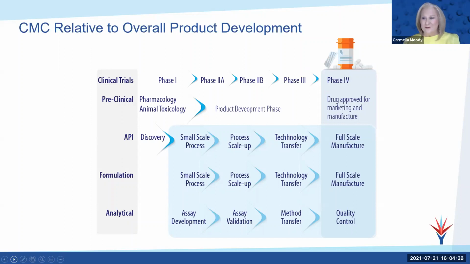There is a lot of work that has to be done behind that, and it's broken up mainly into drug substance or API, formulation, which is the drug product, and then the analytical development activities that go on during the development process. So this just gives you an overall idea of what goes on.